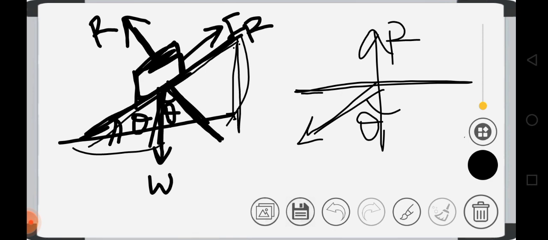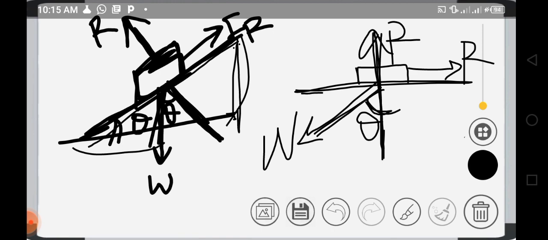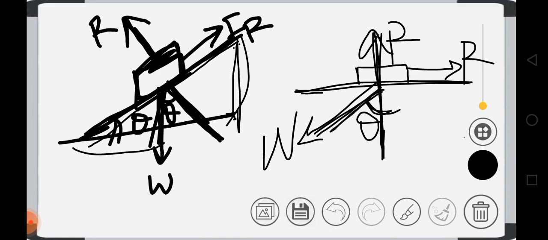And the frictional force will be going in this direction, which is R. So if you know how to do this resolution of forces very well, I should teach you how to do it here so that you get it better. Now this angle is between the weight and the vertical line. I'm also going to teach you how to resolve forces in a very short way.